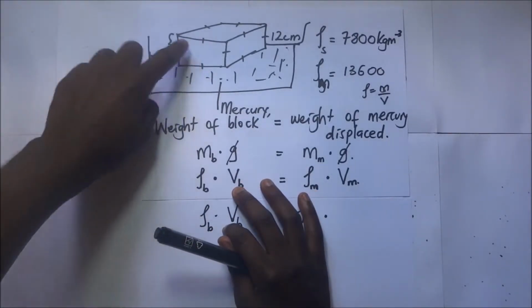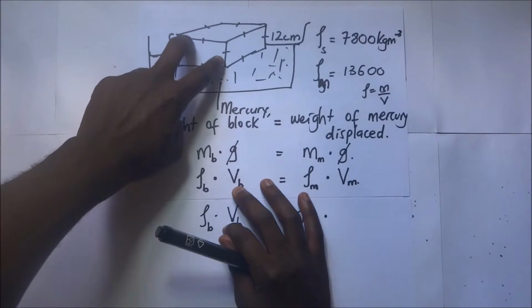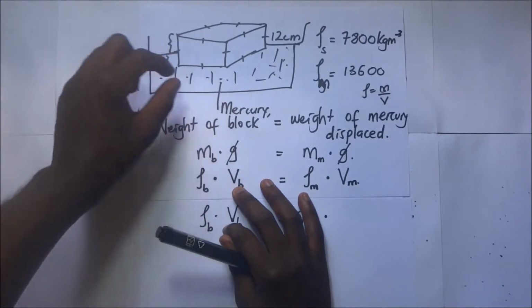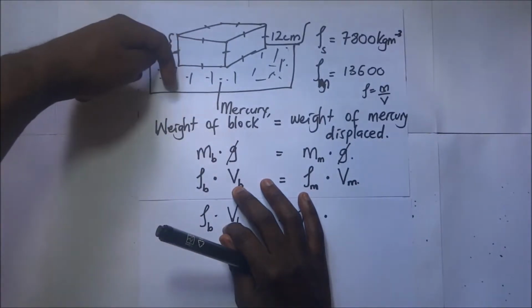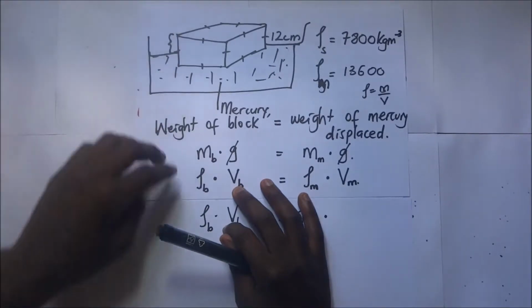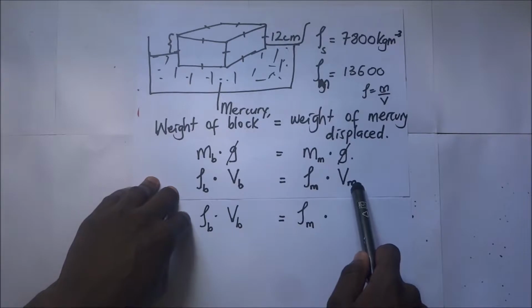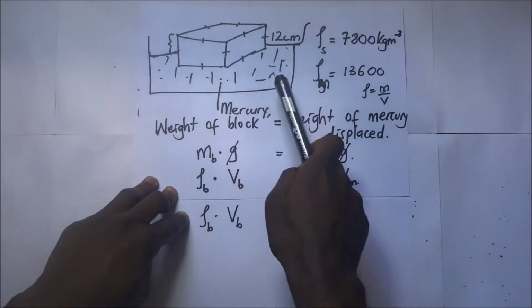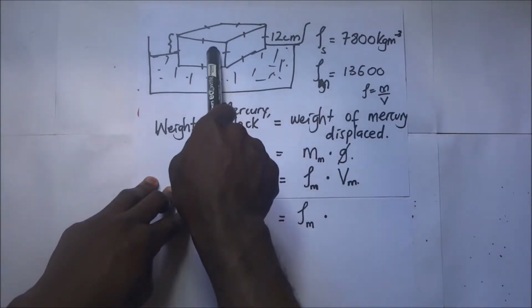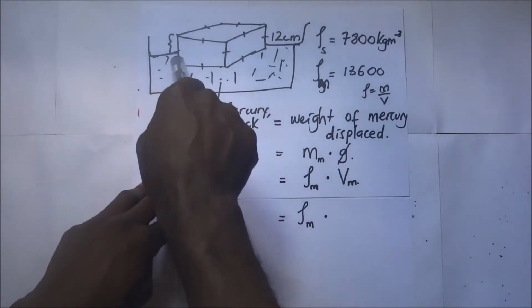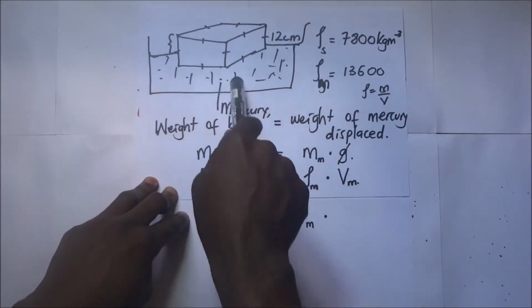When it is floating, not the entire volume of this cuboid is going to float inside. Part of it will sink into the mercury, part of it will remain out. So the volume of the mercury that has been displaced is equivalent to the volume of this cuboid that has sunk into the mercury surface.